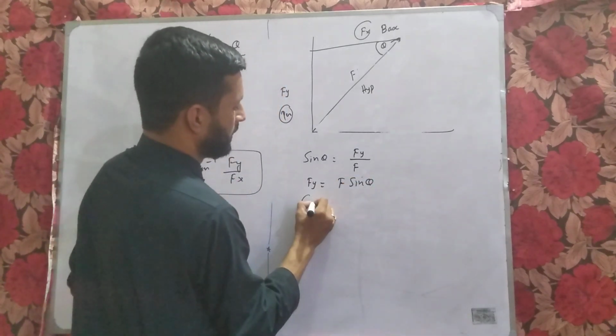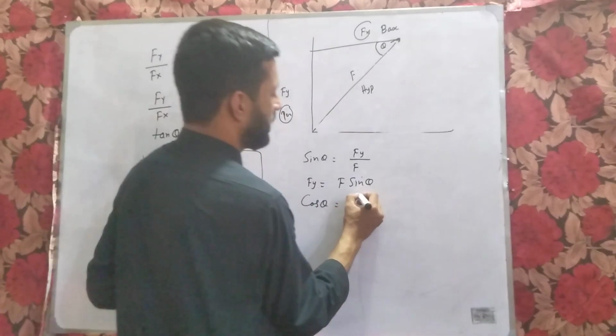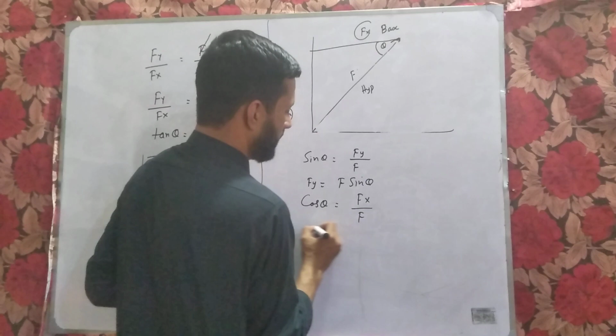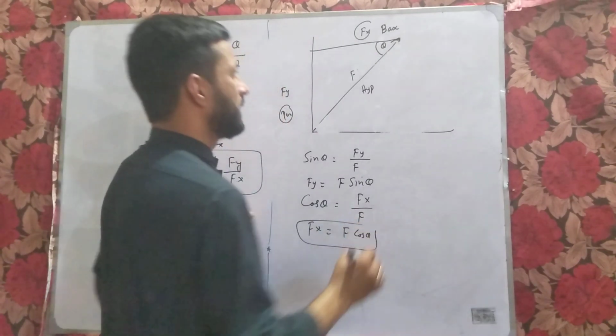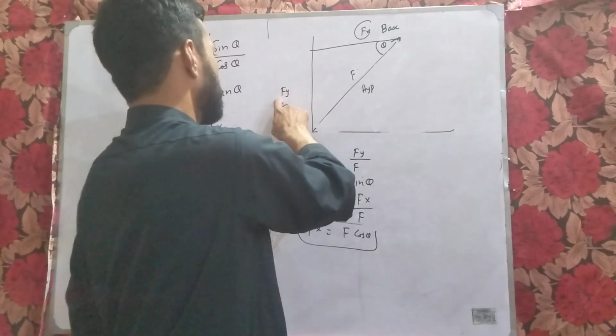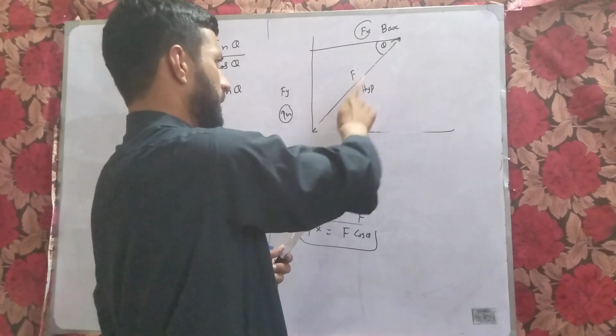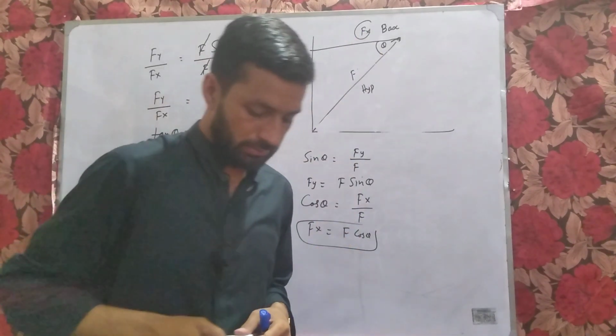Cos theta is equal to base divided by hypotenuse, so fx divided by f, so fx is equal to f cos theta. Similarly the Pythagoras theorem is applied: hypotenuse square, f square, is equal to base square plus perpendicular square.